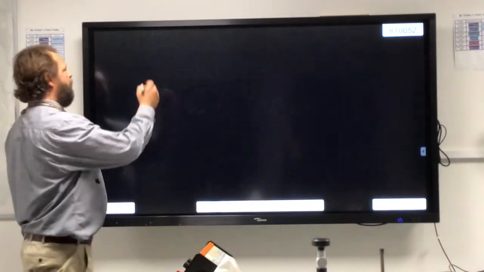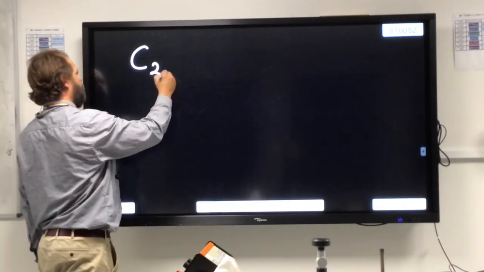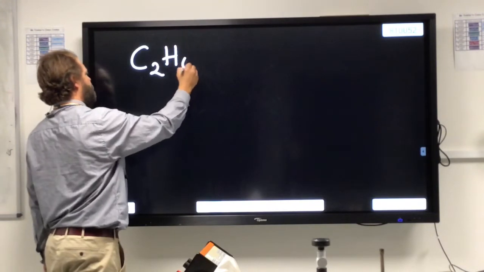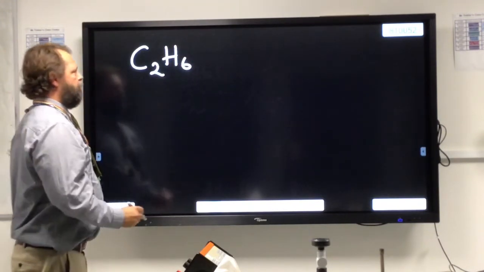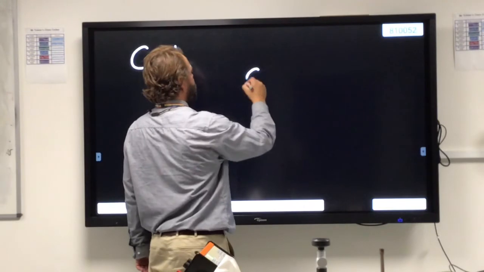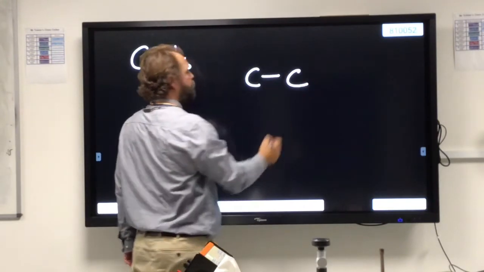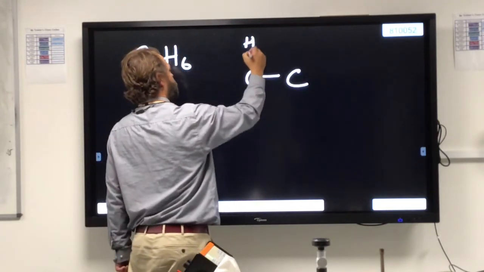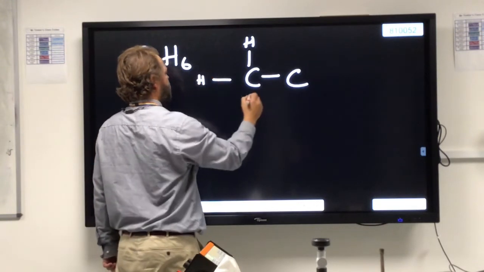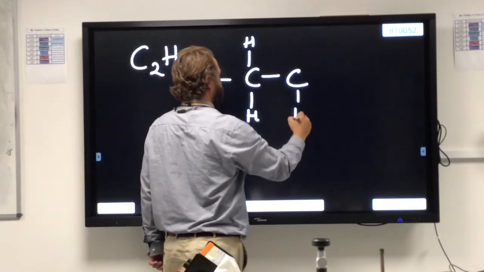Once we know the formula, here's ethane, we could also represent this as a display formula, 2 carbons and 6 hydrogens.